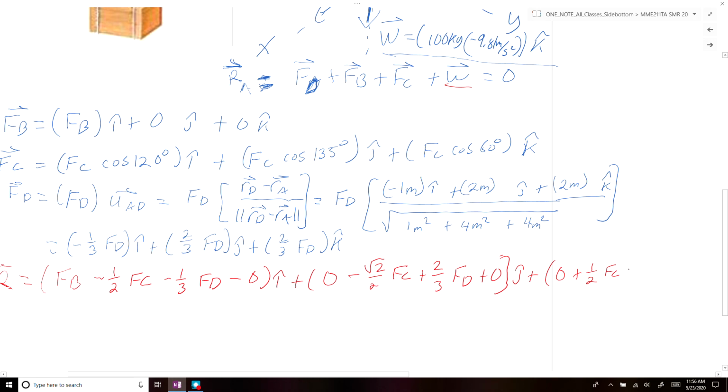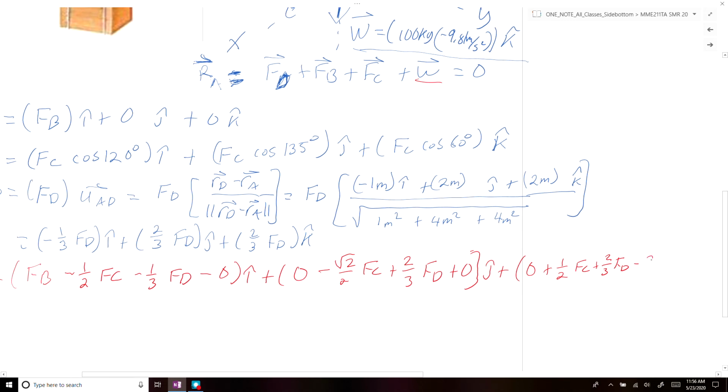FD is going to be equal to plus 2/3 FD, and then we're going to get minus 981 newtons for the weight.